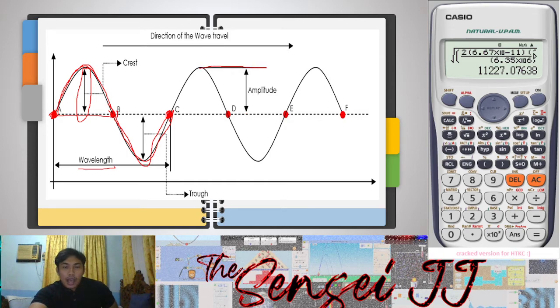So crest is the upper curve and trough is the lower curve. The amplitude is the height of our curve, of our crest and our trough. Okay? So as you can see, we have two complete wavelengths and half of it.